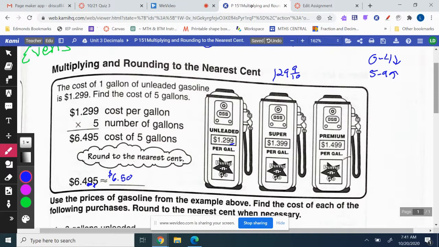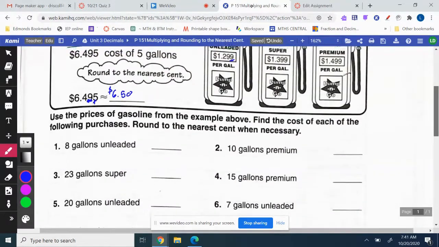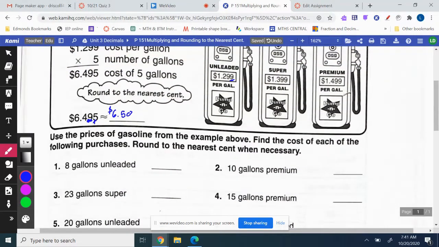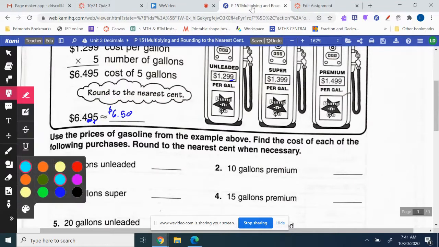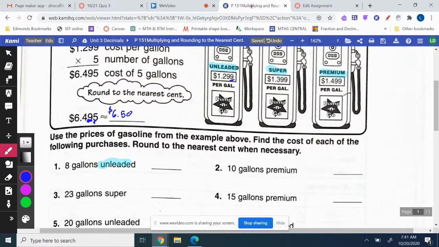So let's practice multiplying 8 gallons of unleaded. So we have to use these different prices, super unleaded and premium. So they want me to use unleaded at 8 gallons. I'm going to multiply that number by 8. 1.299 times 8.